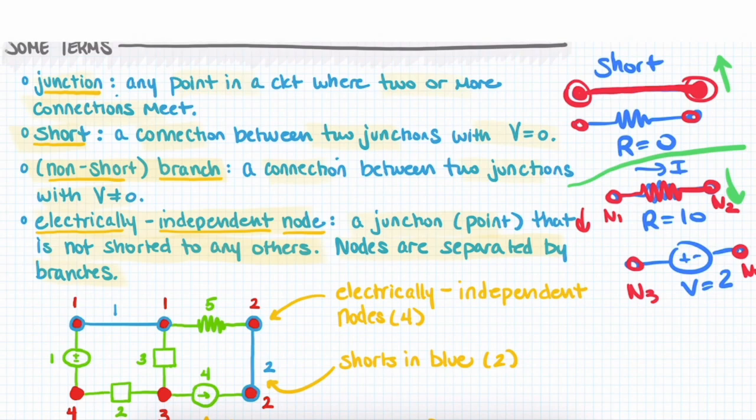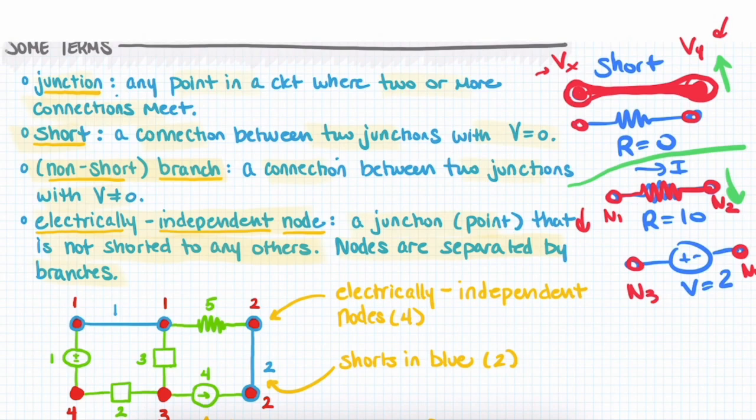Because they're shorted together, which means whatever the voltage is here will be the same as the voltage over here. So from a mathematical standpoint, it doesn't make sense to calculate both of these voltages, right? They're the same value, which means we should just consider them as a single element, which is why they're not electrically independent from one another and why they don't constitute two separate electrically independent nodes.